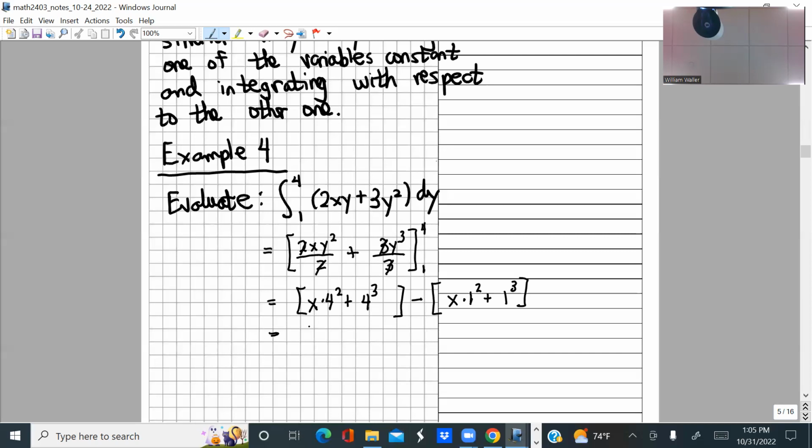Except the numbers are kind of big, right? So this is 16x. Well, not really big, but 4 cubed is kind of big. What's 4 cubed? 64, right? And then minus, what's this? X plus 1. So what does all that reduce to there? 15x plus 63. Is that right?